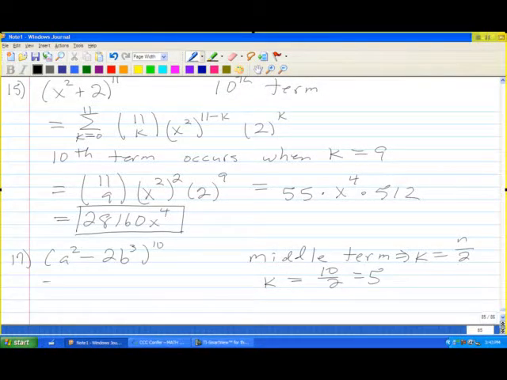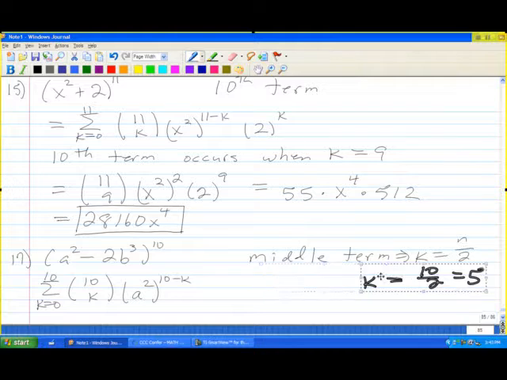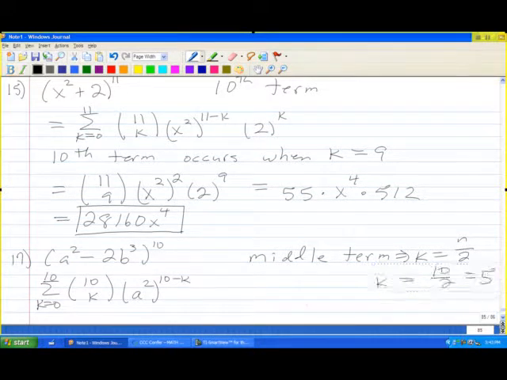It's actually the sixth term, so figure out when k is 5. And so the binomial expansion is the sum for k equaling 0 to 10 of 10ck, a squared to the power 10 minus k. Let me move this over a little bit. Negative 2b cubed to the power k.